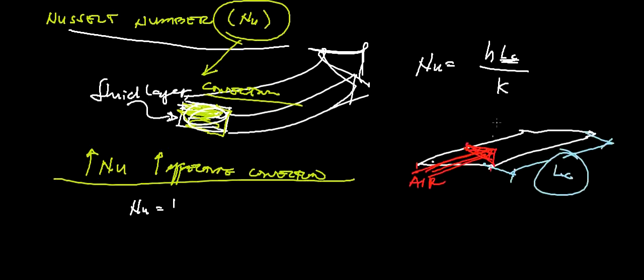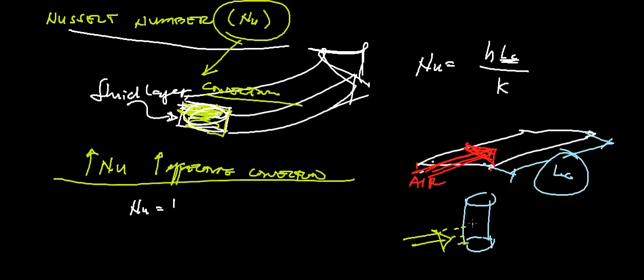The measurement of the characteristic length depends upon the contact between your fluid and your surface. Say, for example, you have a pipe here, and a fluid going over this pipe surface.